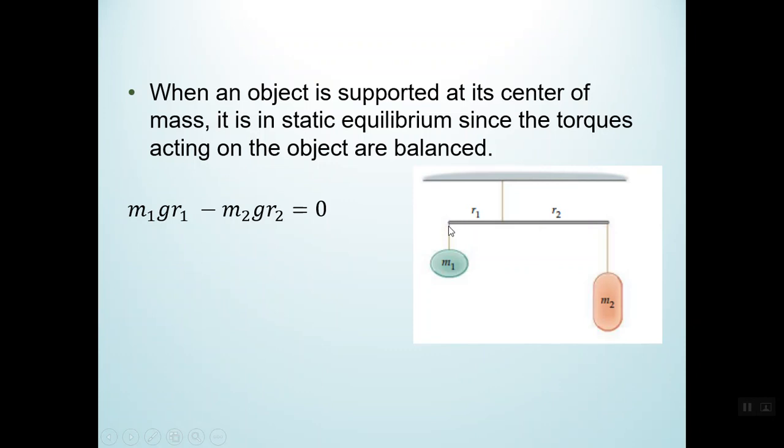We can write this equation as m1 g r1 is equal to m2 g r2. If we cancel g from both sides, we can write it as m1 r1 is equal to m2 r2. This equation says that the torques exerted by the two masses have the same magnitude. So we can say the torques are balanced.